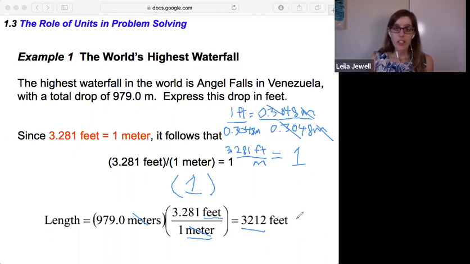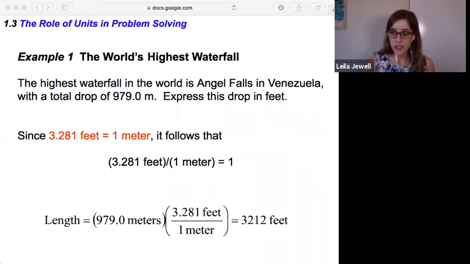So there you can see how we can use the unit conversion factor. We're going to be doing this a lot, so if this feels uncomfortable, please ask questions in the discussion forum or send me an email, come by my office hours. I would love to talk more about this.